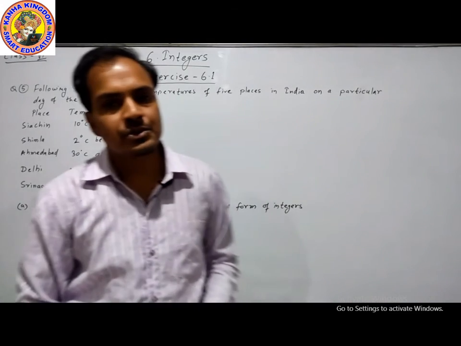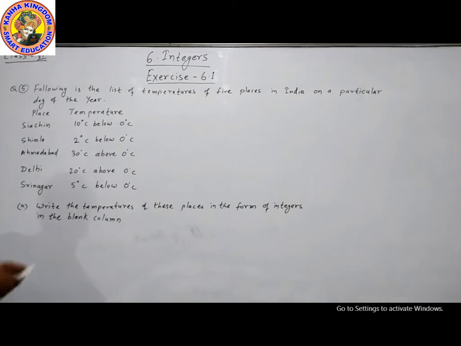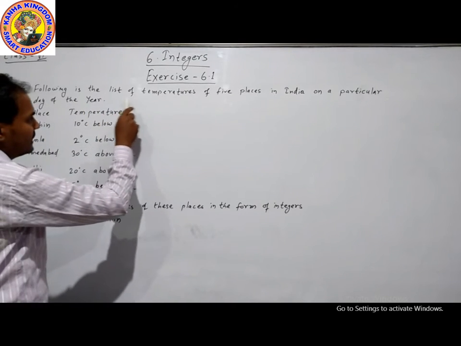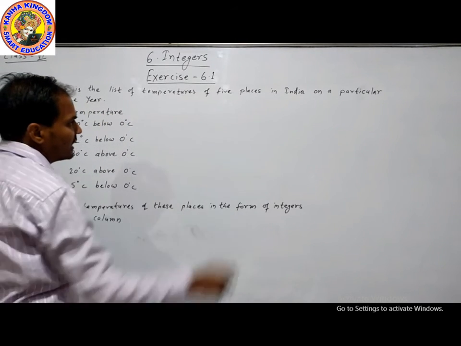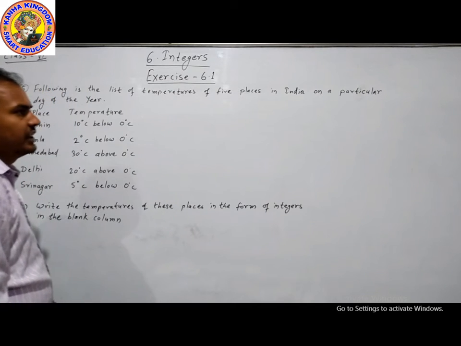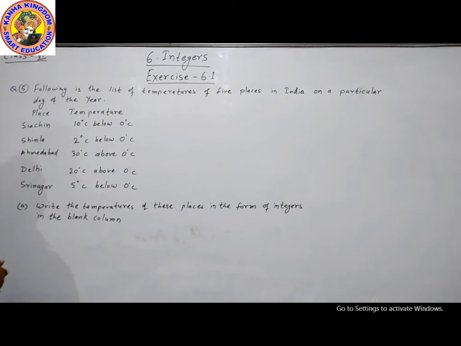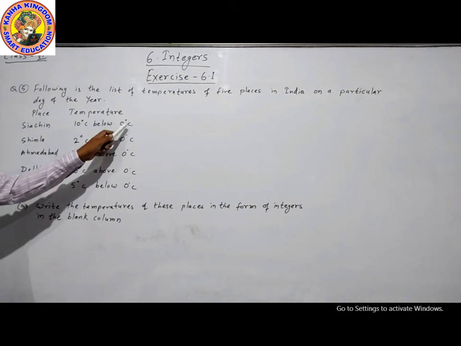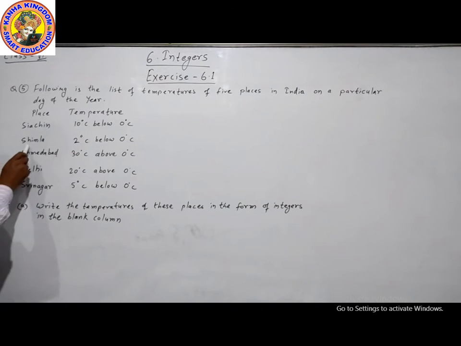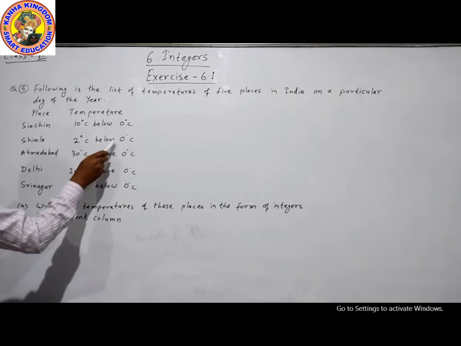Now our next question is question number 5. Following is the list of temperature of 5 places in India on a particular day of the year. Siachen 10 degrees centigrade below 0. Shimla 2 degrees centigrade below 0.